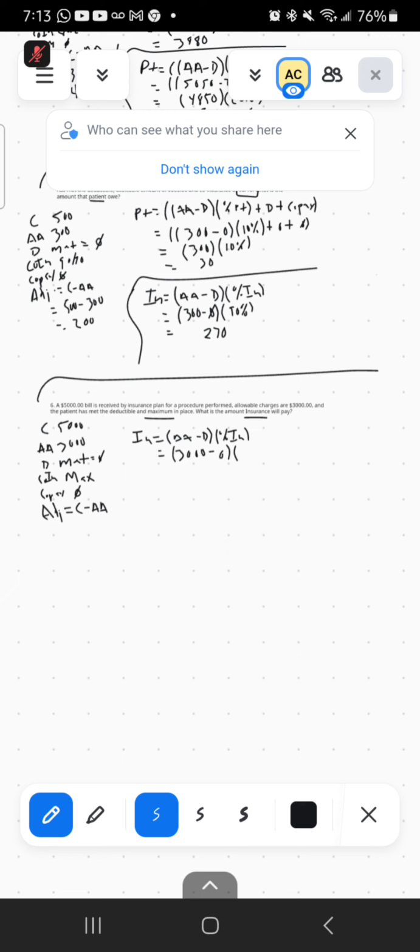And then times the percentage for the insurance. It says maximum. Maximum means 100% the insurance, 0 the patient. So $3,000 times 100%. That is $3,000.